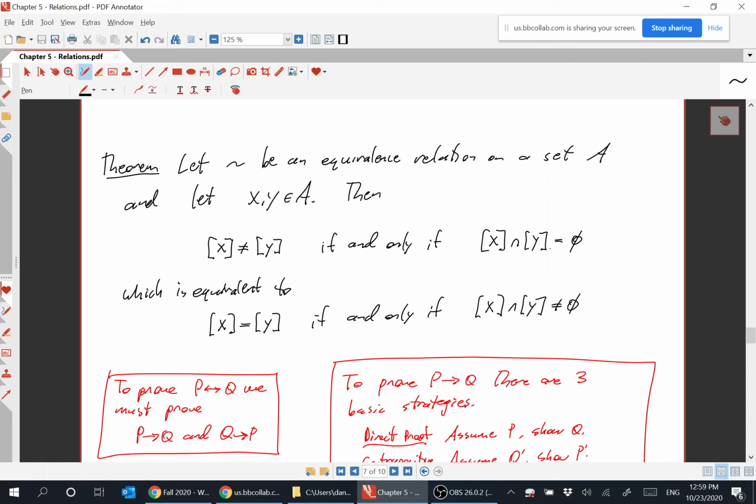Starts with P. Equivalence classes are disjoint. Each equivalence class is disjoint from the other one. And if ever you thought they weren't disjoint, well, that means they actually were the same.